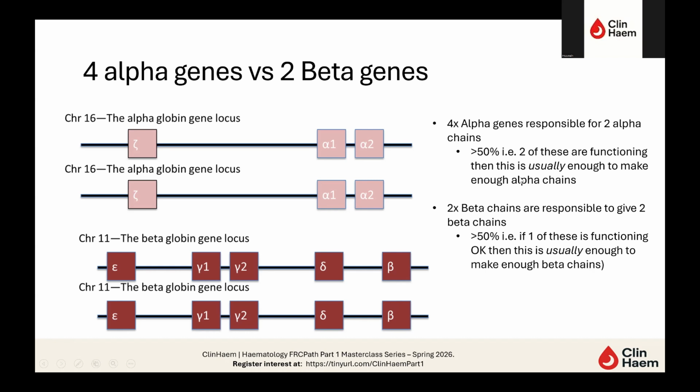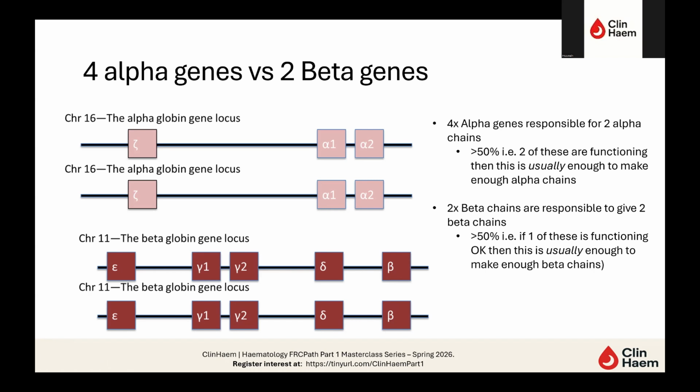And this is just a general rule here. So four alpha genes do the job of two beta genes. So if you have 50% of normal functioning genes, you do okay in terms of a reasonable amount of production of the respective globin chain.